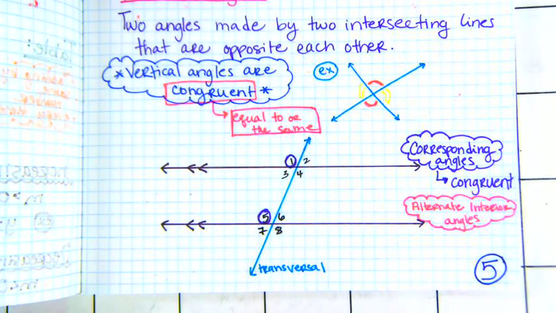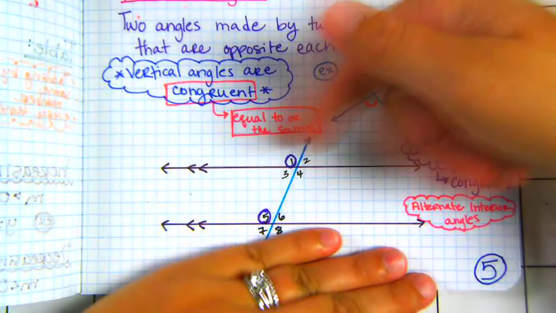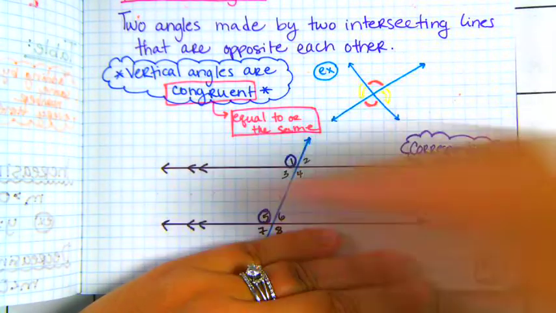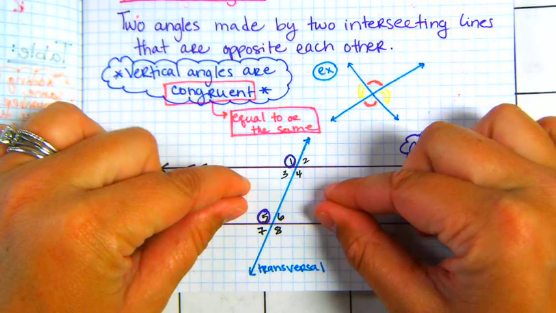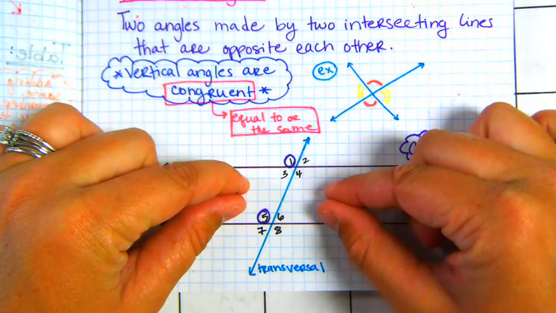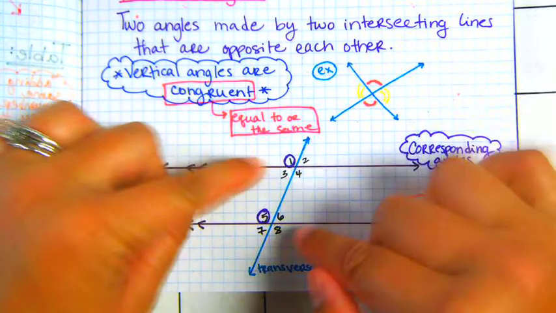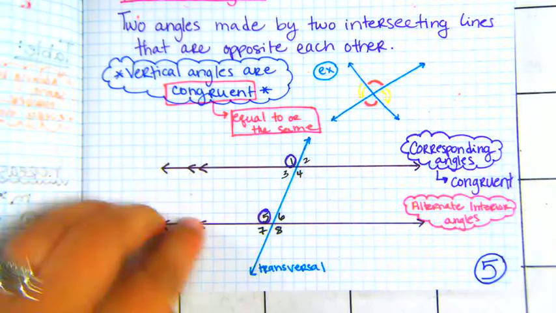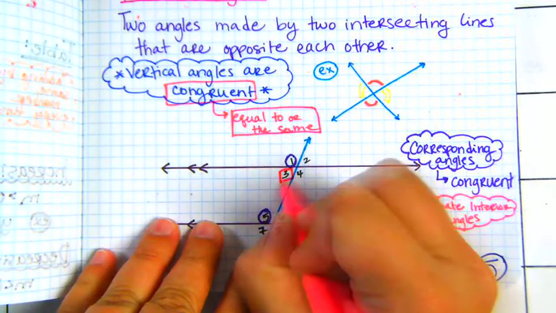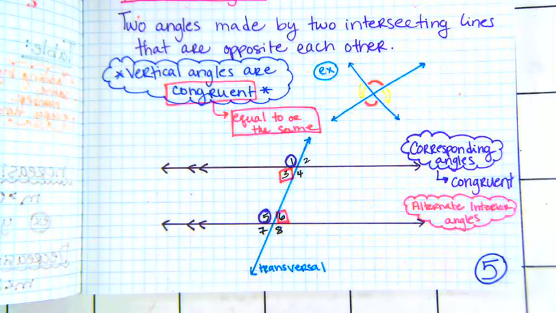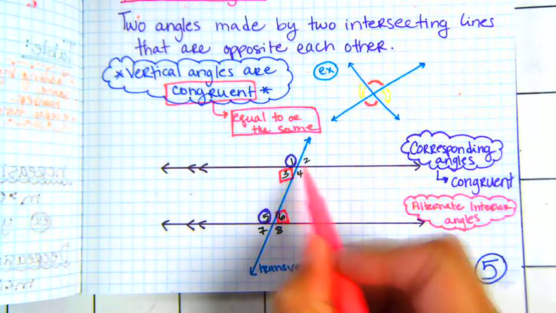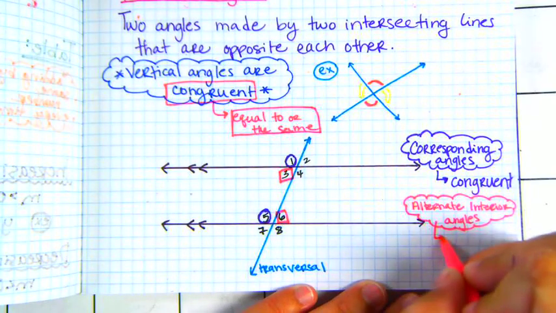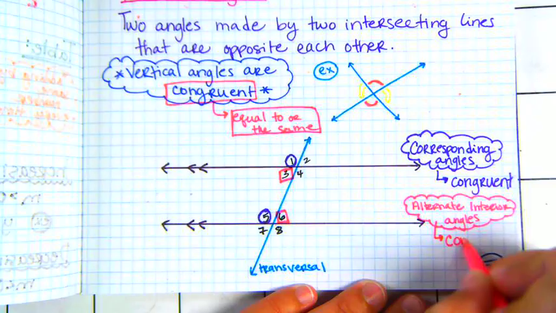Well, let's start with on the inside. On the inside means it's in between these two parallel lines. So if we're on the inside and we're alternate, that means we're on a different side. So 3 and 6 would be an example of alternate interior angles because they're alternate on the opposite side, but on the inside. These are also congruent.